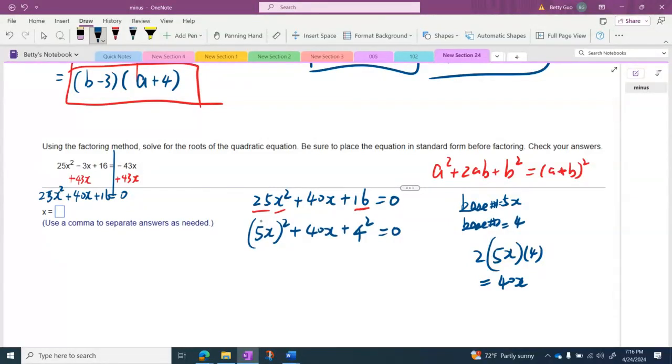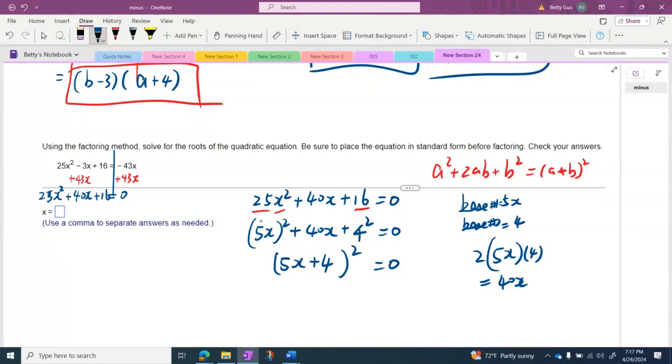So we are able to write the left-hand side as the square of a binomial sum. First base plus the second base. Okay? 5x plus 4 to the power of 2 equals 0.